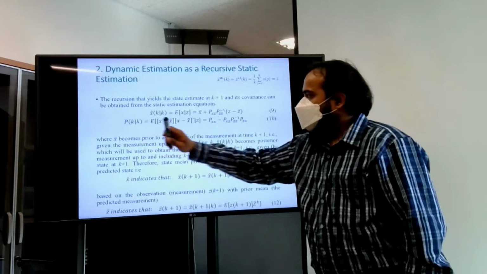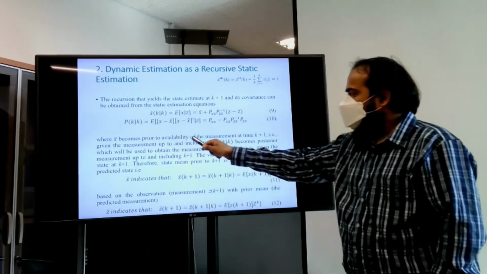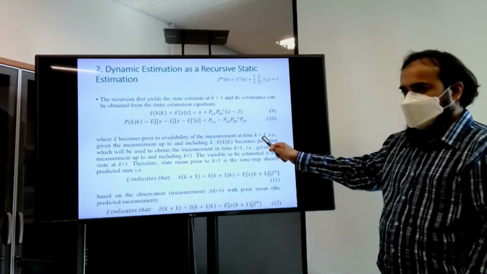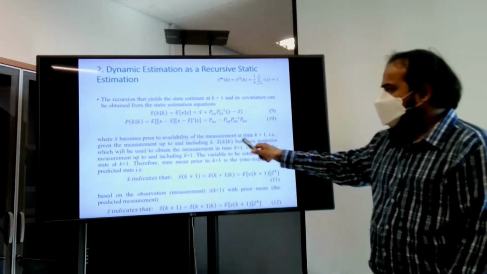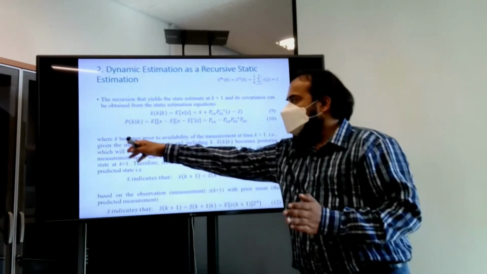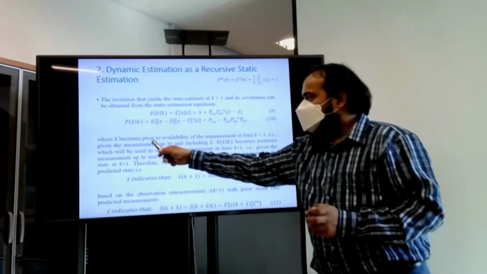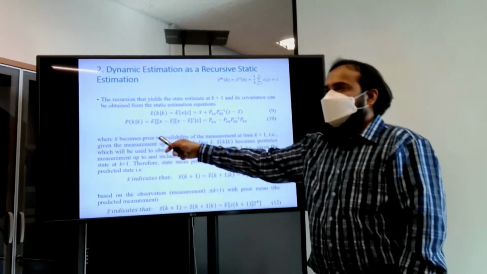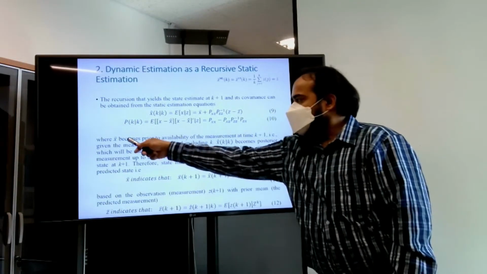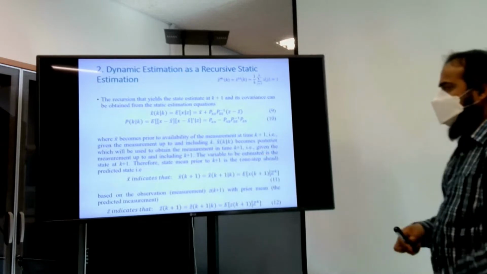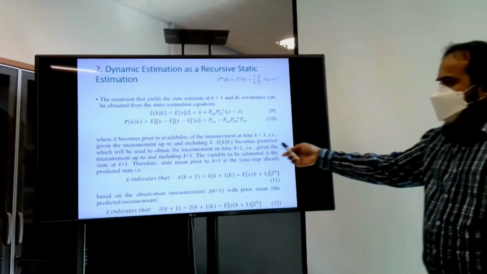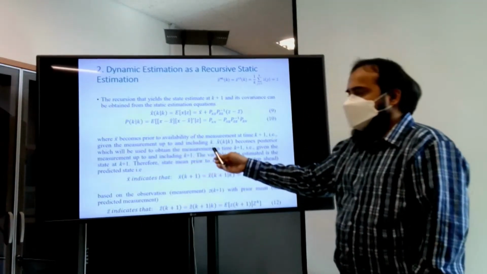And where the predicted value is available of the measurement at k plus 1. Okay, at k plus 1, we are sending the information. So this is called the predicted variable, the prediction of the state given the availability of the measurement in k plus 1, that is, given the measurement up to and including k.